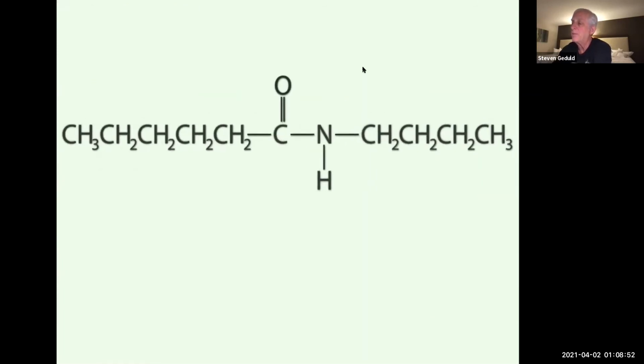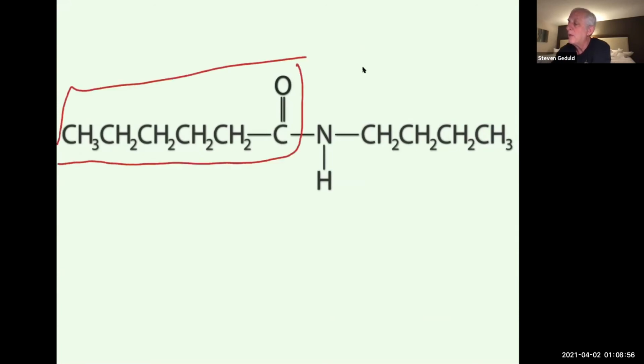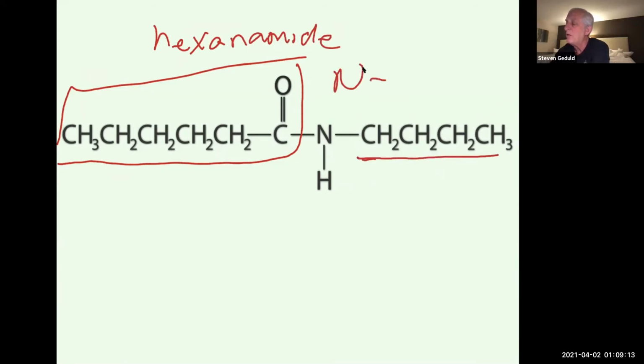And next one. Again, we look at our carboxylic acid group. 1, 2, 3, 4, 5, 6 carbons. 6 carbons is hexane. So we drop the E, add the word amide. And we've got 1 extension. So it's going to be N. Again, if this is a hydrogen over here, then there'd be no N. It'd just be the word amide, and that'd be the end of the word.